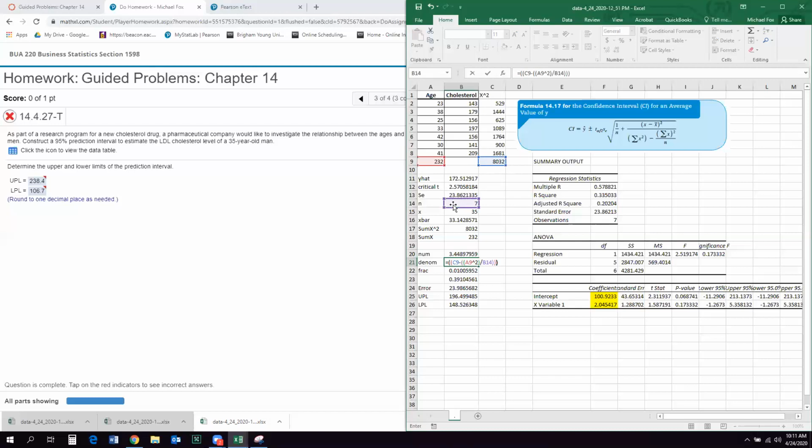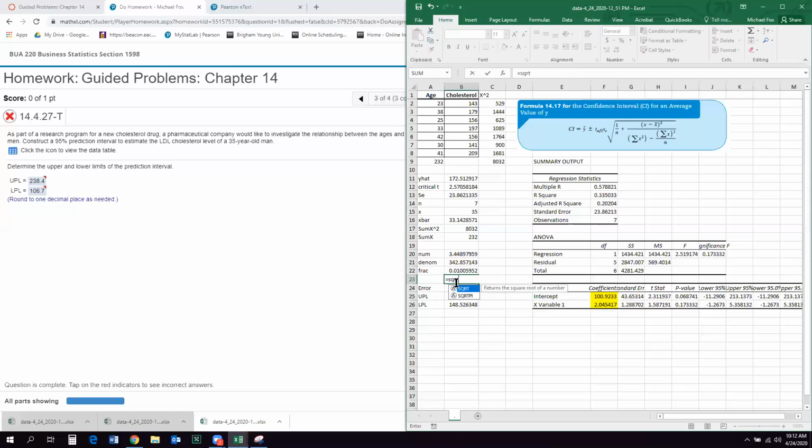So that's the same. This is going to equal the numerator divided by the denominator.